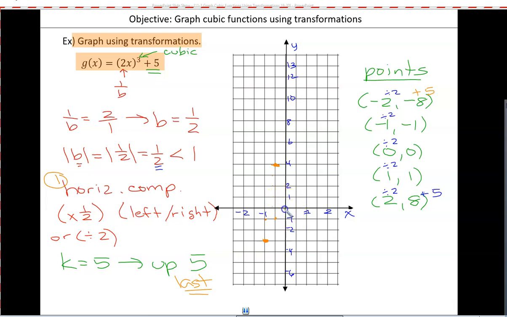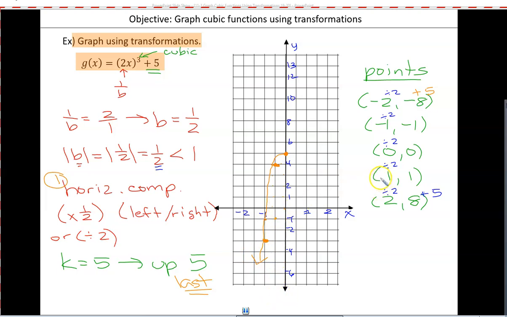Compression doesn't change that because it's at the origin, anything times 0 is 0, but it does still move up 5. 1, 2, 3, 4, 5, and ends up right here. So this is that left side of my curve, which these are gently connected, and it arches up to that middle point. Arrow on the end there.